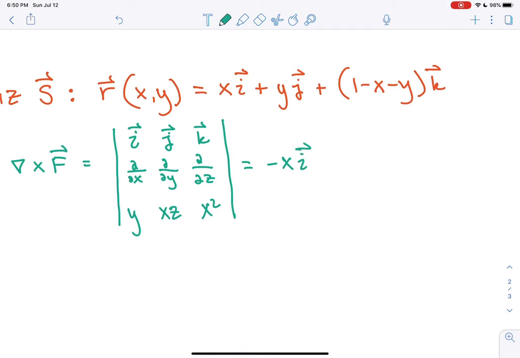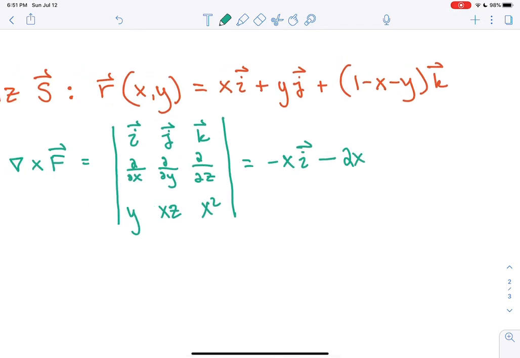Now we have minus, due to cofactor expansion when we're evaluating this matrix, the partial x of x squared, which is 2x, minus the partial z of y, which is 0, so we have minus 2x in the j direction.